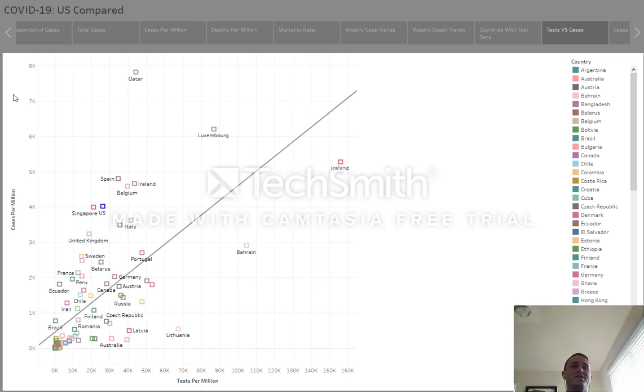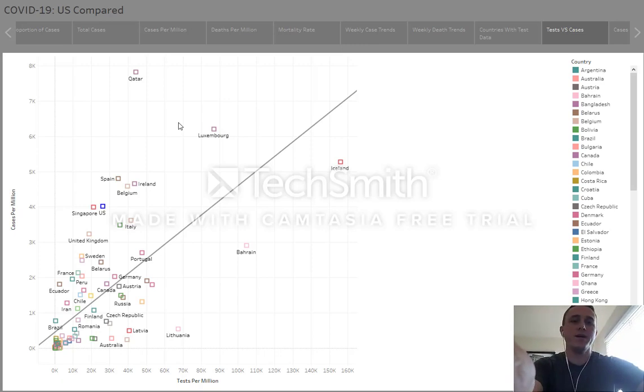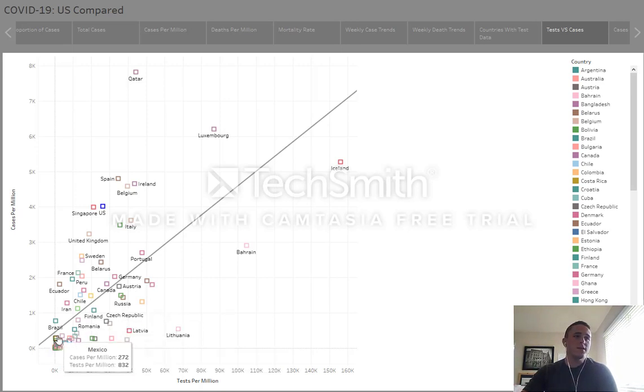It's kind of a chicken or egg scenario, but I believe this basically shows there's a direct correlation between the two. And this down here, I think, is what proves it's just the number of tests being given that tell us how many people are actually sick with coronavirus.